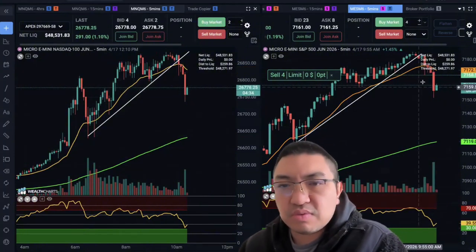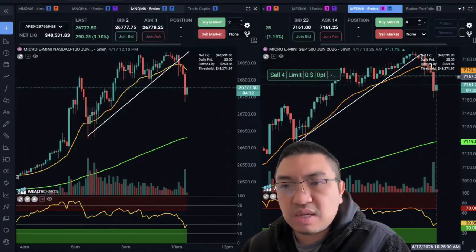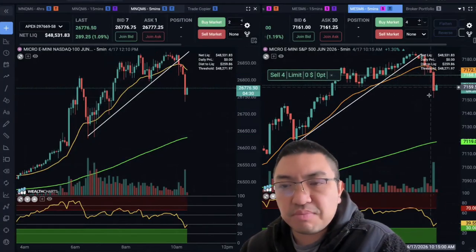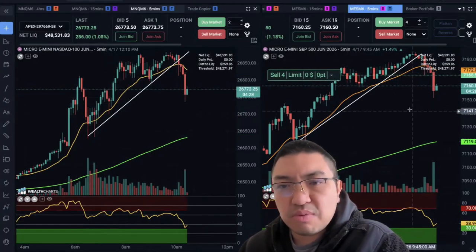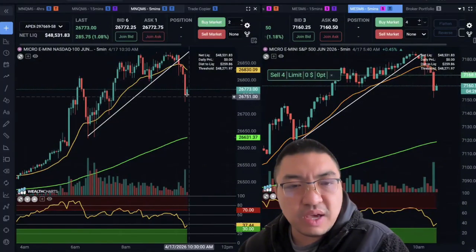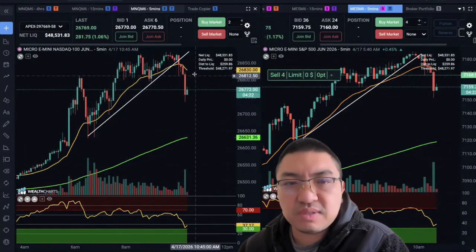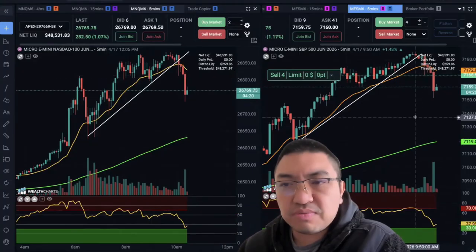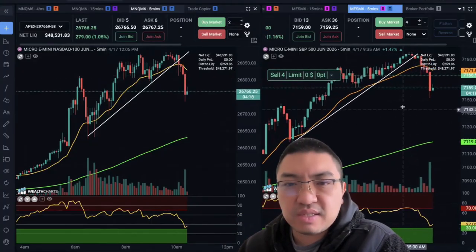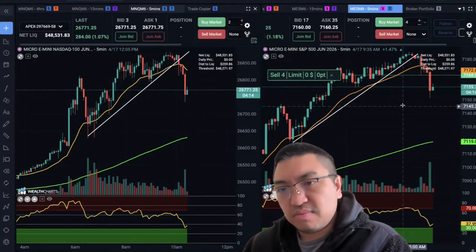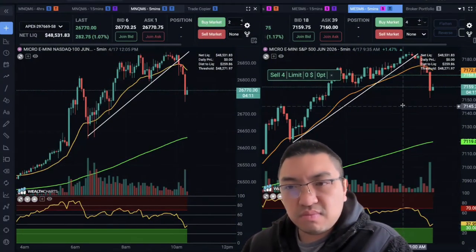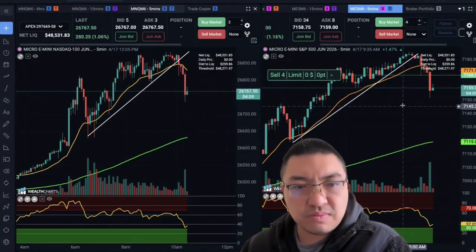It's a little bit intimidating to go short here because this is a big downward momentum. For NQ it's a little bit intimidating. Maybe it starts to bounce back from here. I don't know. But ES has not reached here. So if we trade ES, we'll see.